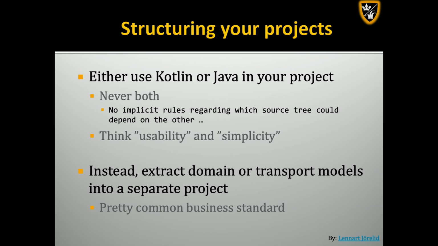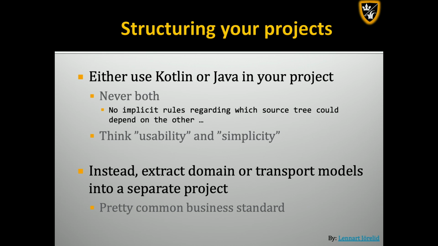So if you imagine the standard Gradle Maven setup when you build large-scale projects, you've got quite a lot of modules there, right? There are multi-module projects in general. So in that case, some of the recommendations and some of the setups on the net tell you that you can have source main Java and source main Kotlin, or whatever you want to stash them in, in the same project. Don't.